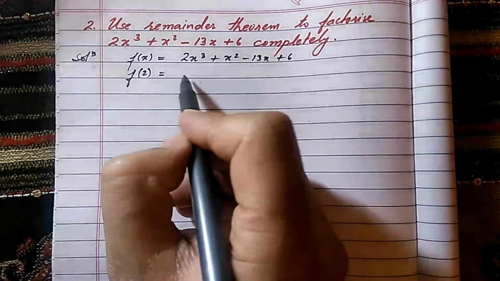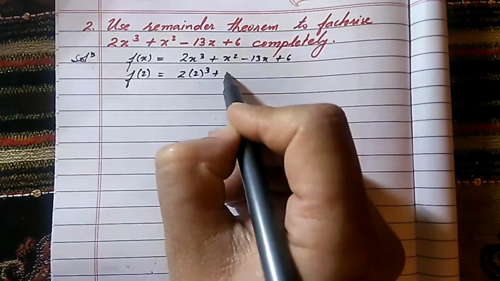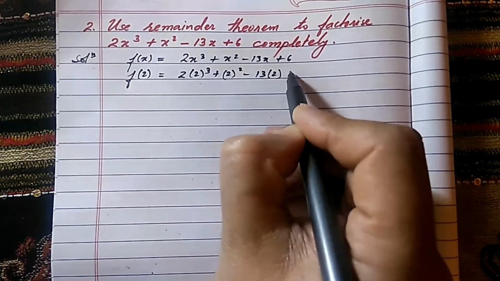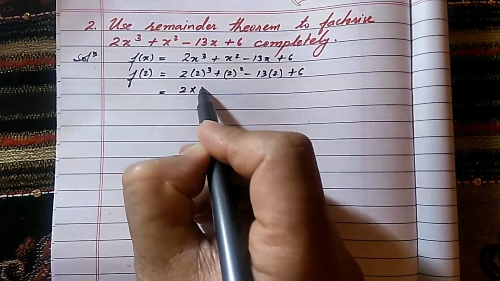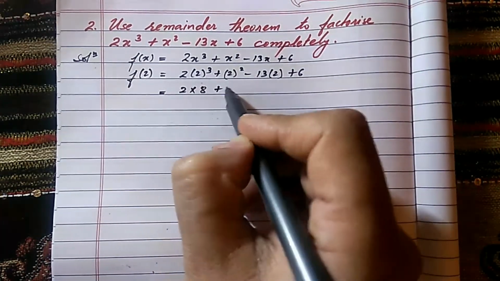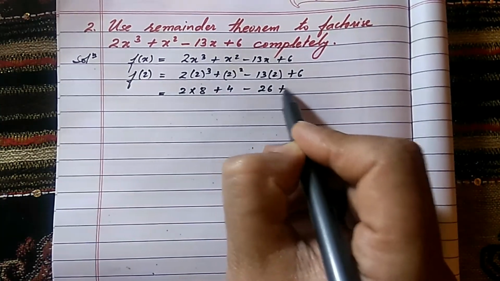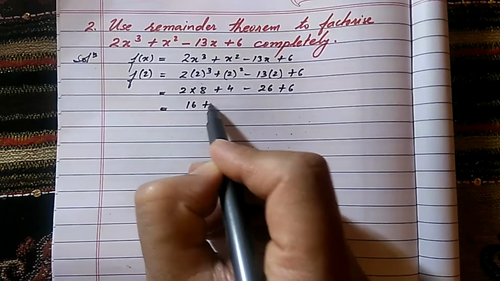So I am now trying with 2. When I try with 2, I will have to write 2 into 2 cube plus 2 square minus 13 into 2 plus 6. So 2 into 2 cube is 8, 2 square is 4, 13 into 2 is 26, plus 6. 8 into 2 is 16, plus 4.